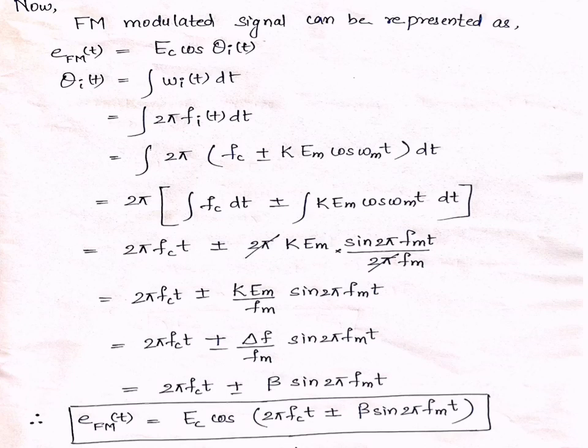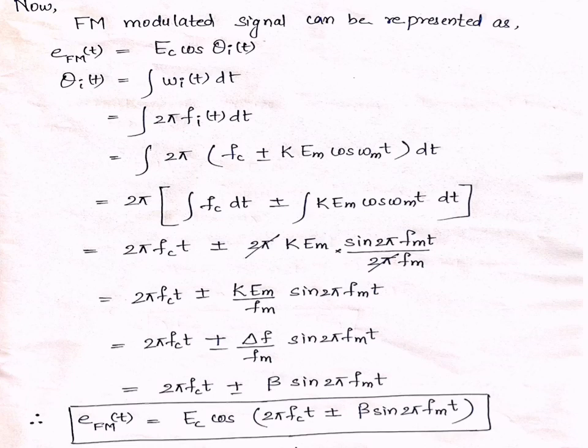Now the ratio of delta f divided by fm is actually called the modulation index for fm, and it is denoted by beta. So we are going to replace delta f divided by fm with beta. Now your equation becomes 2 pi fct plus minus beta sin 2 pi fmt.